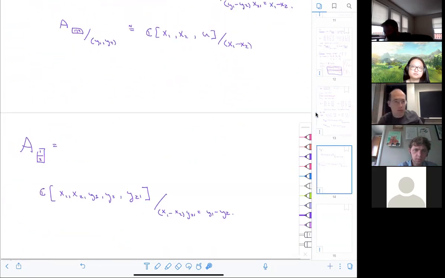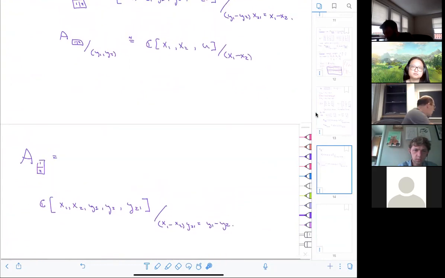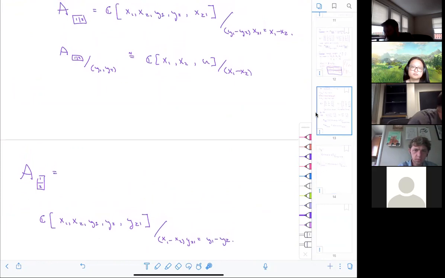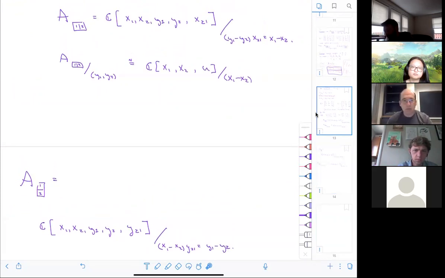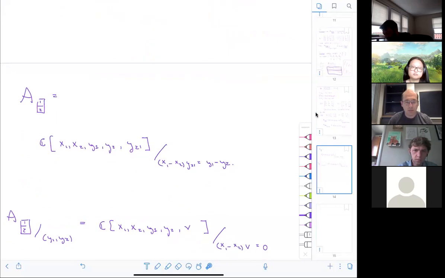Okay, and then similarly, this algebra associated to the one column tableau is entirely analogous to this computation. But now if you kill the diagonal entries of the Y matrix, your relation looks different.